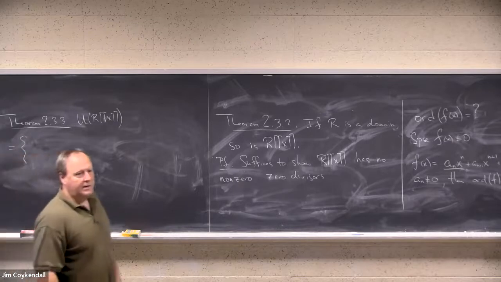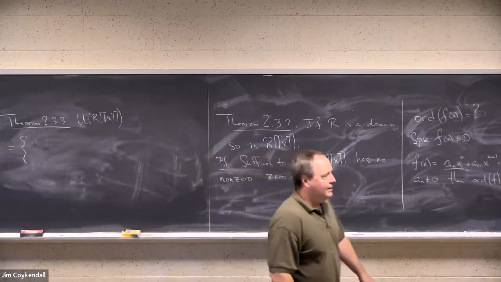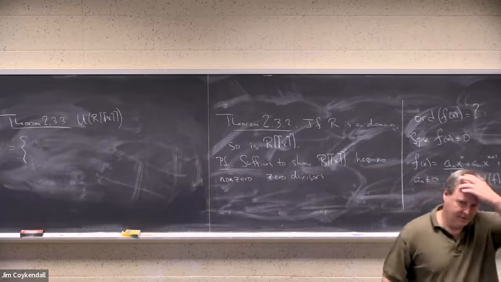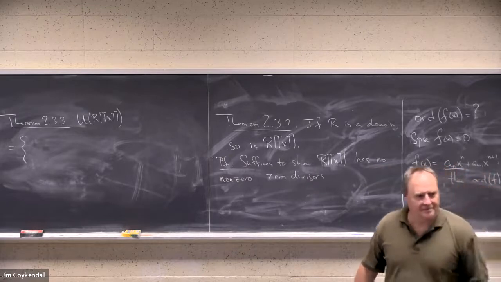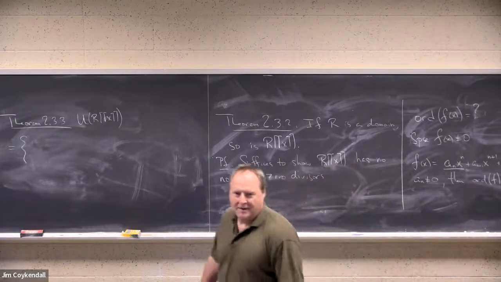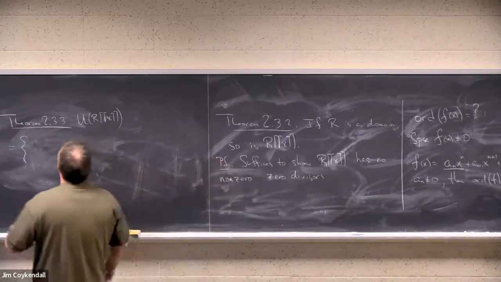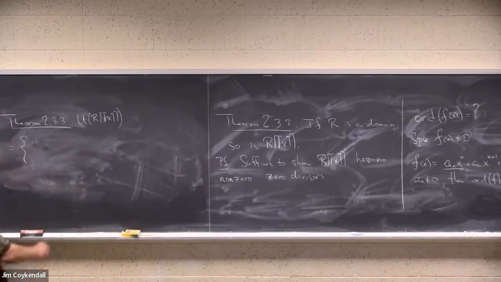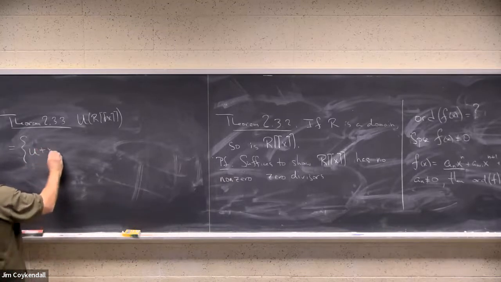What do the units look like here? Anybody know? This is crazy. Power series, and of course, it's wildly improved over polynomials. The units are precisely those whose constant term is a unit.